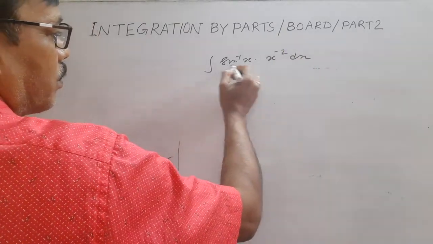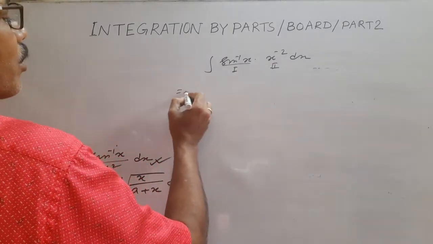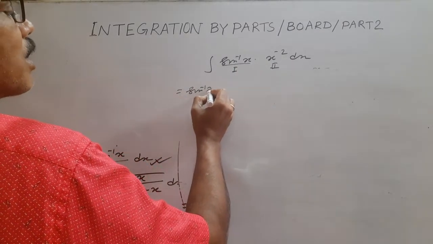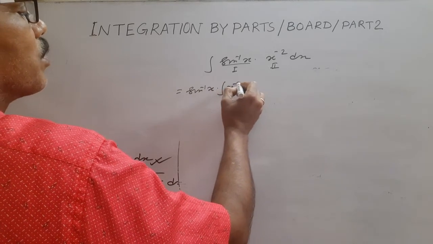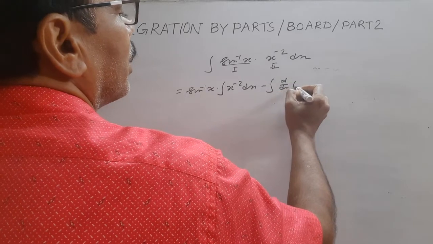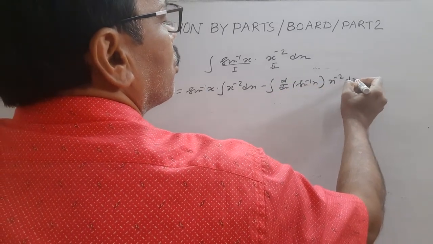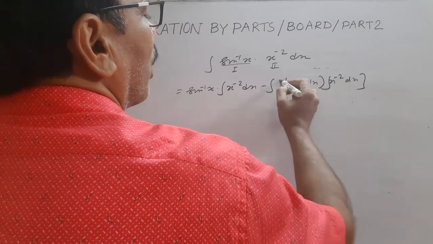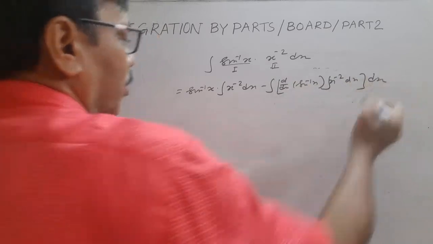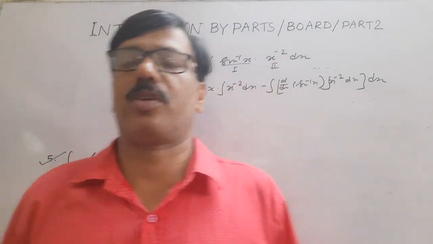This one is the first function because it is in this order, and the other as second. So sin inverse x unchanged, integral of x to the power minus 2 dx, minus d dx of sin inverse x, integral of x to the power minus 2 dx, total integration dx. So you complete the rest of the part.